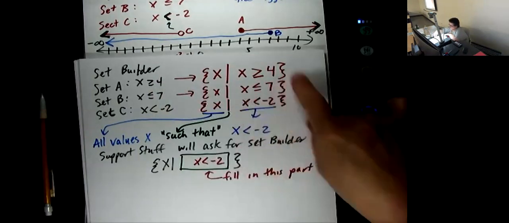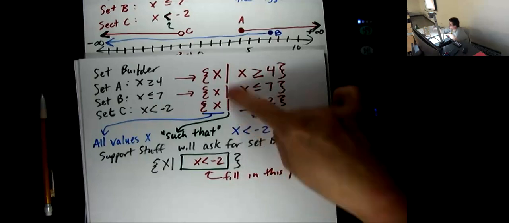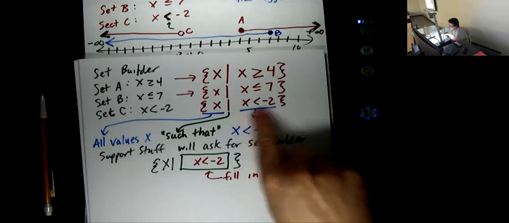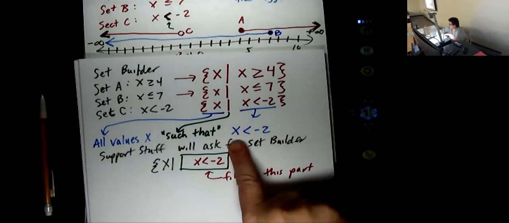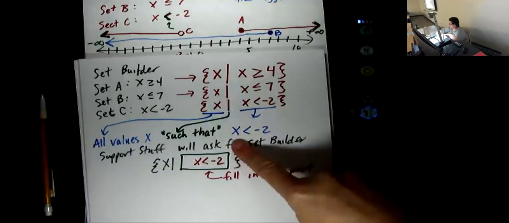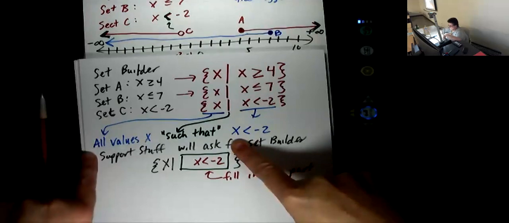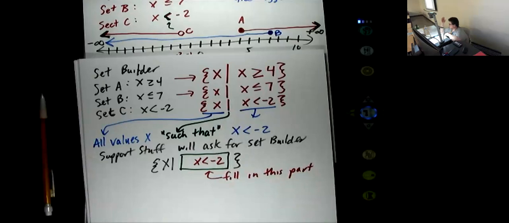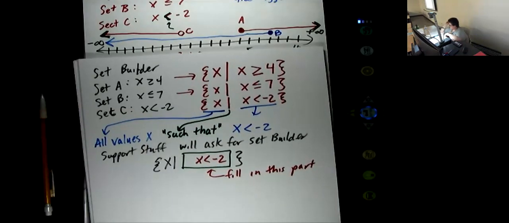They throw in these curly braces, they have this vertical line, and then they write this X. And I think just having the right side implies any number that fits this thing works. Any number that fits meets the "all values X." It's implied in there. You don't need it.